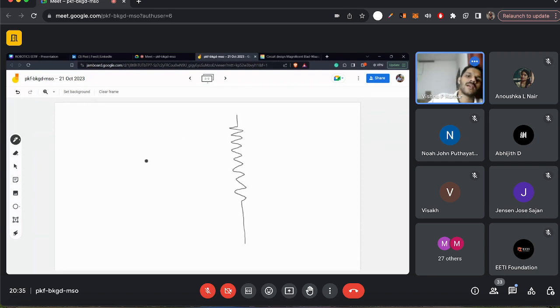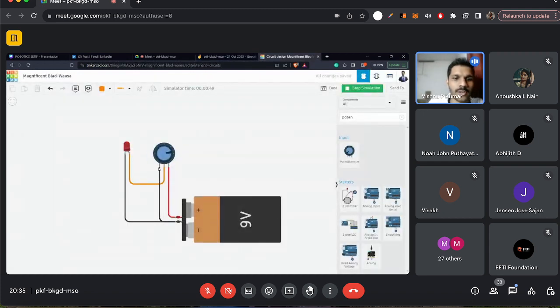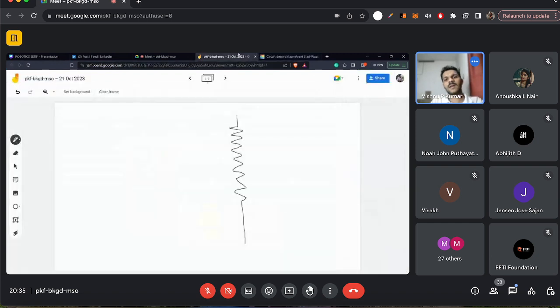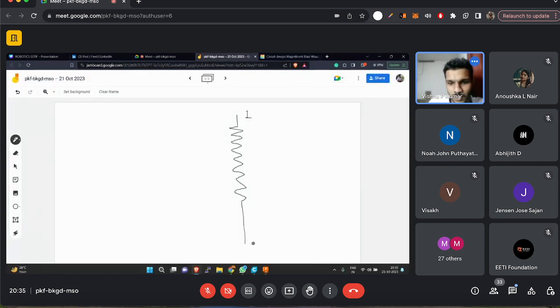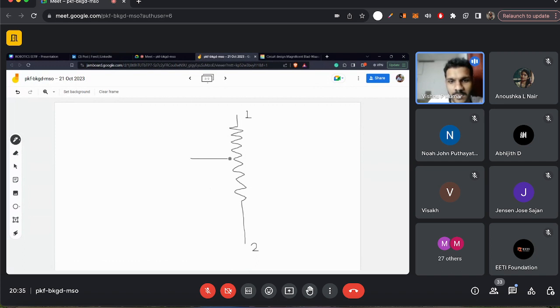When we are hovering over the potentiometer, we can see there are three different pins. This is terminal number 1, this is terminal number 2, and this is the wiper. So let's number this one as 1, this as 2, and here we are having the wiper.